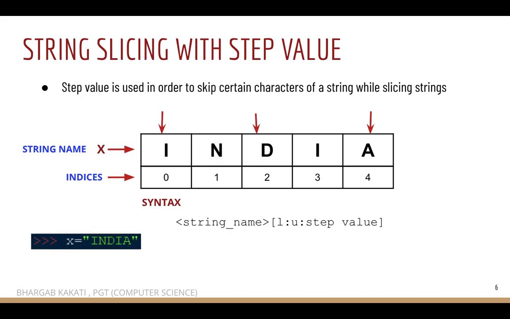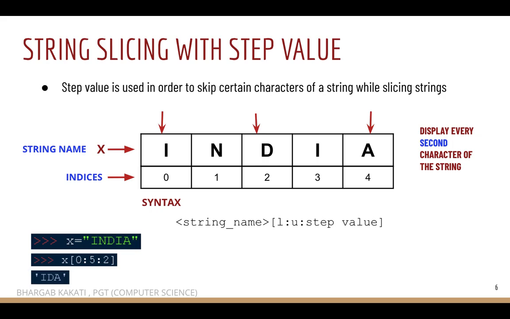So let's say the string x is India. If I write x[0:5:2], that means display every second character of the string. What will be the answer?